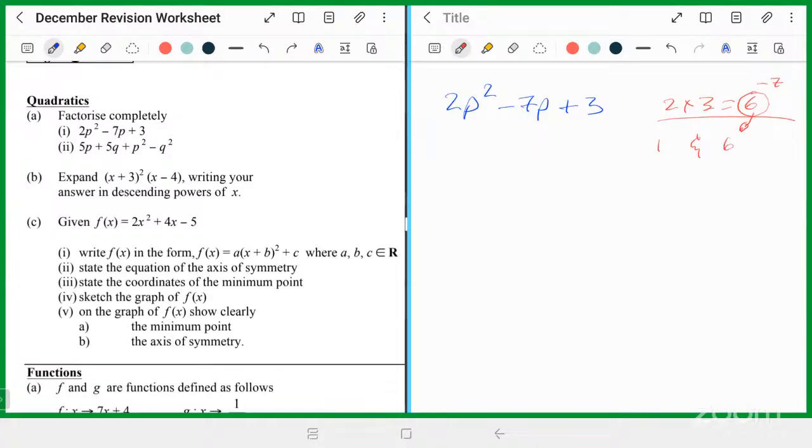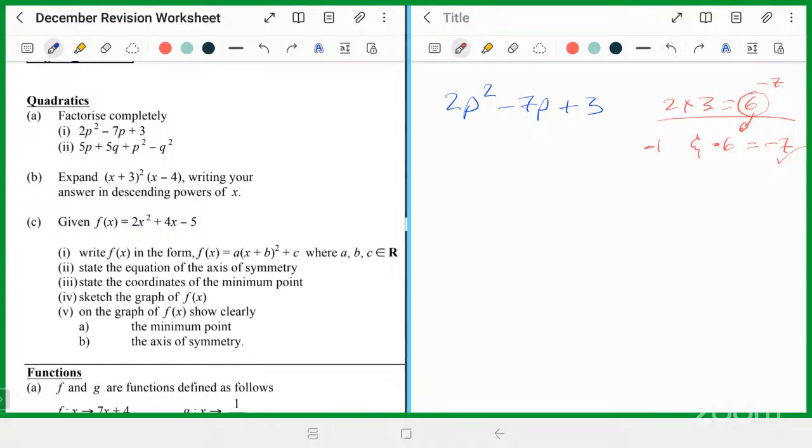You have to make both of them negative because you want the sum to be negative, and they must have the same sign. When you add negative 1 and negative 6, you actually get the negative 7 already. So yes, that's what you want. So I'm going to break this minus 7p into minus 1p and minus 6p in any order.